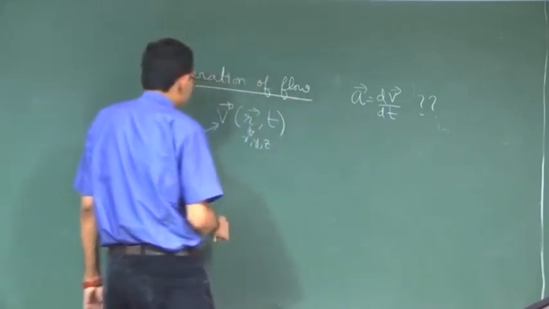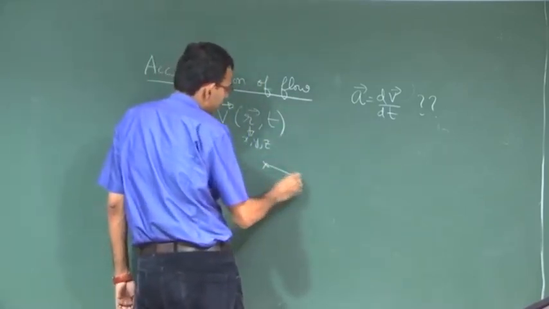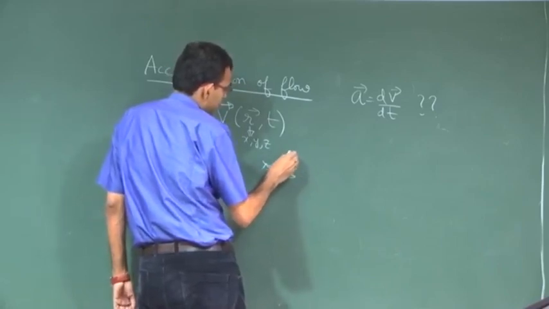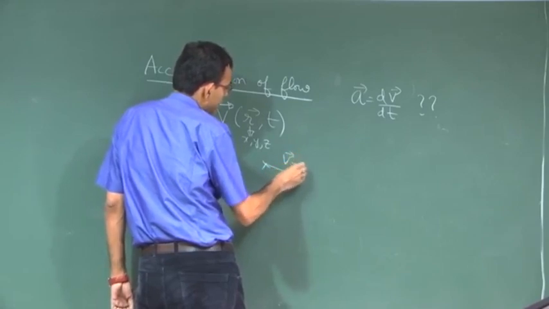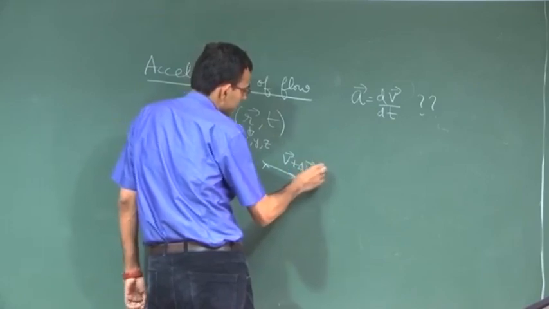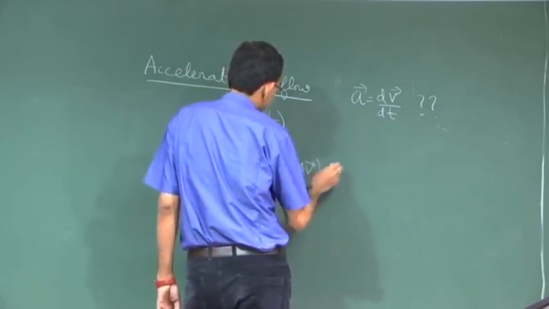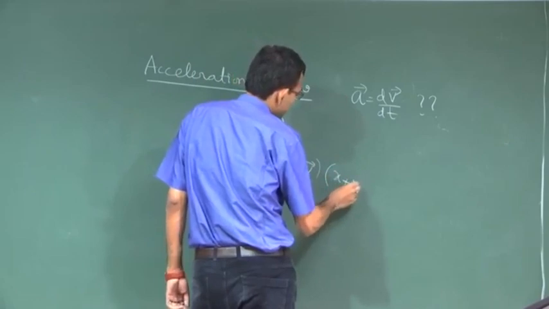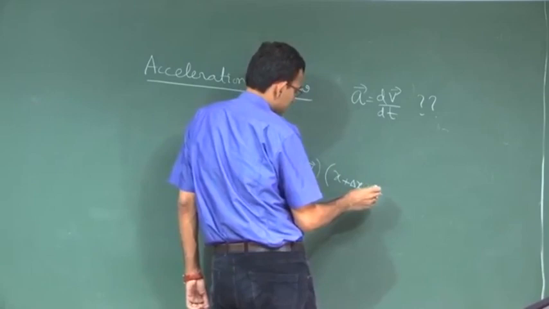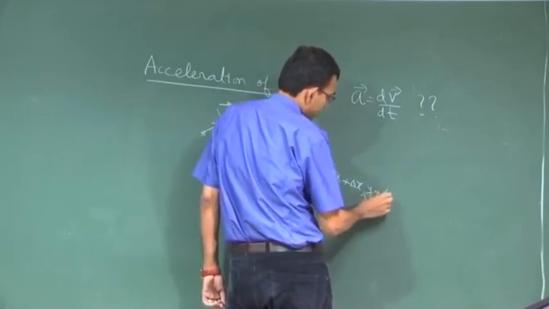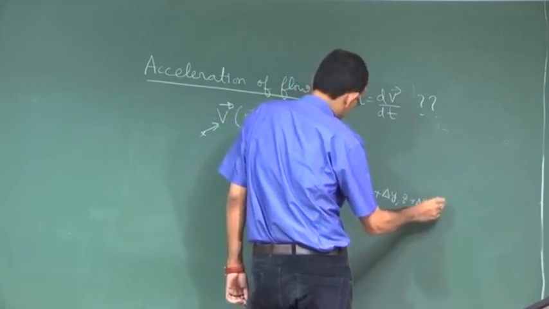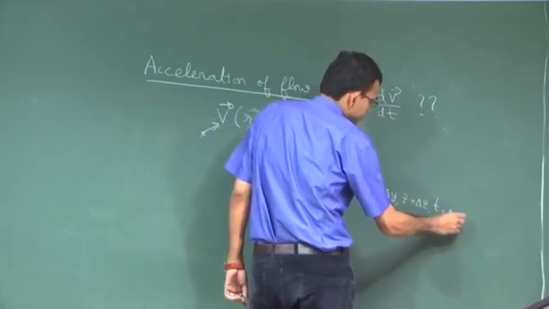Then after some time the particle has come here, it has, let us say, velocity v plus dv or v plus delta v, which is a function of x plus delta x, y plus delta y, z plus delta z and t plus delta t.